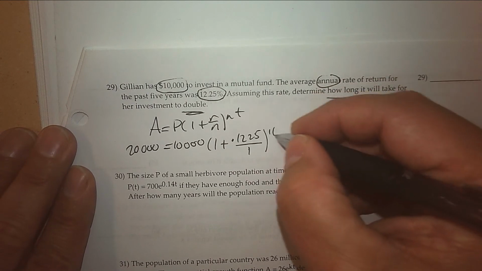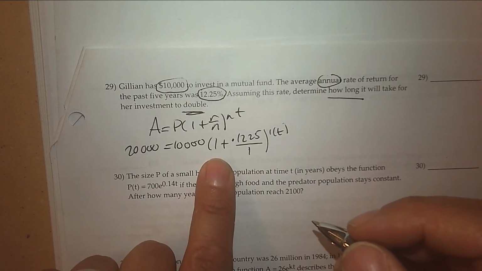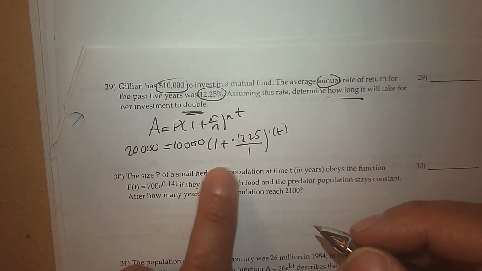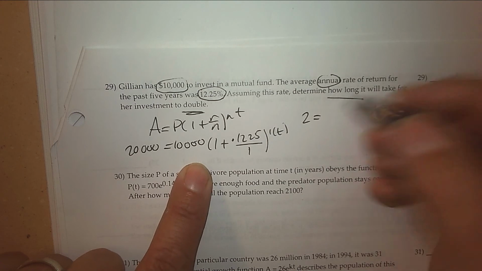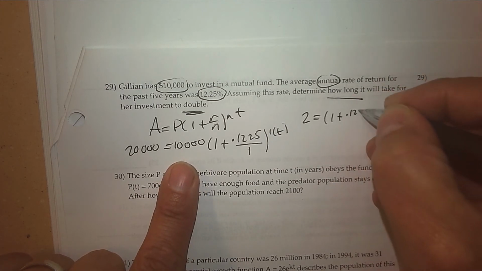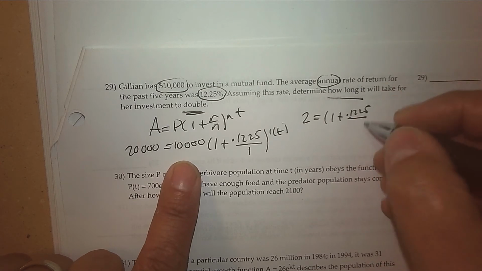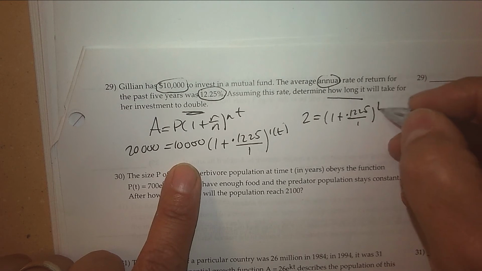And we're looking for t. We're thinking how long it would take. So step 1 is to isolate the exponential part to solve it. So we're going to divide by 10,000. 20,000 divided by 10,000 is 2. That means double. We have 1 plus 0.1225 divided by 1, and then 1 times t is t.